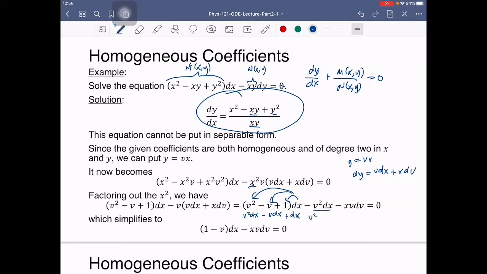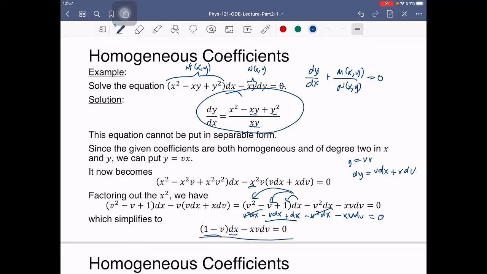We have this minus v squared dx minus x v dv is equal to 0. So, magka-cancel out to. Matitira na lang is negative v dx plus dx minus xv dv equals to 0. So, this can be written as quantity 1 minus v dx minus xv dv equals to 0.